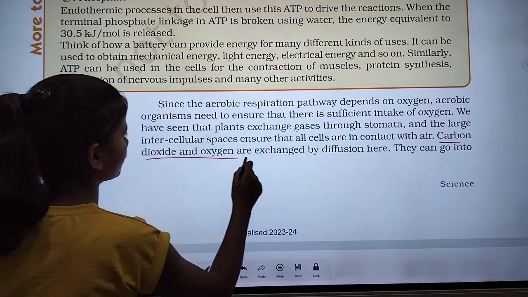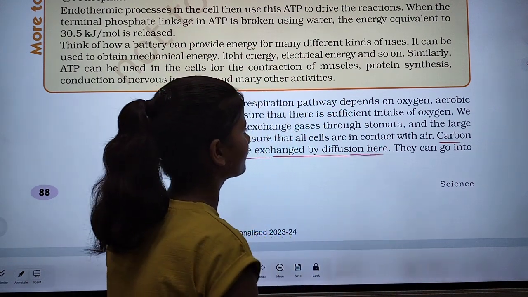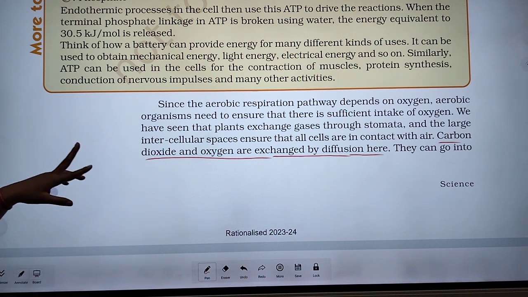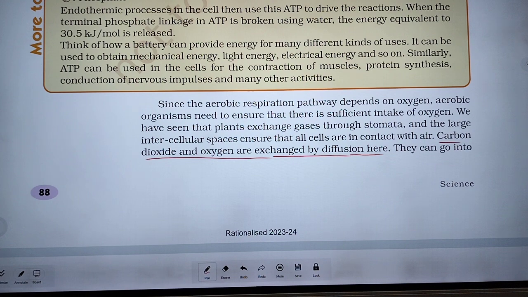Carbon dioxide and oxygen are exchanged by the process of diffusion here.